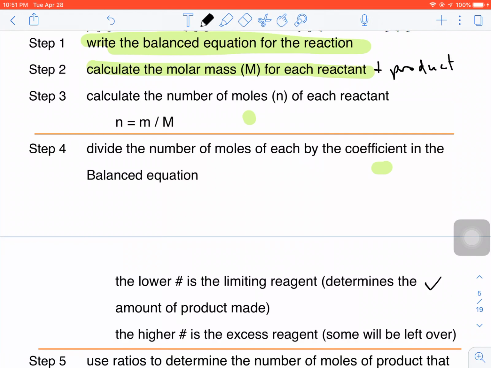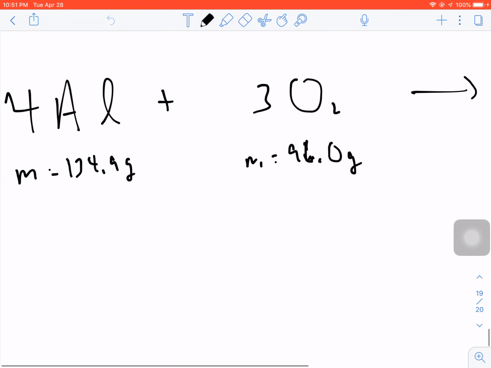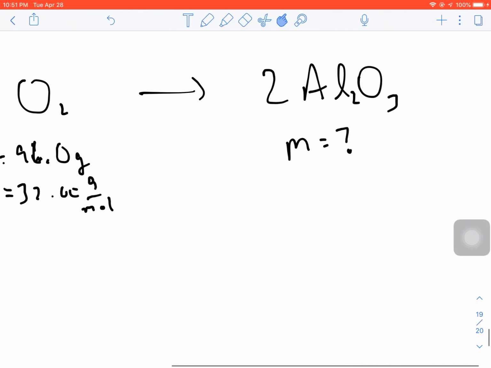Okay, so let's go back to here, and I'm going to put in my molar masses. From the periodic table, the molar mass for aluminum is 26.98 grams per mole. And the molar mass for oxygen is 2 times oxygen, 2 16s, which is 32.00 grams per mole. Okay, so I've calculated my molar masses for those two, and I need the molar mass for my aluminum oxide.